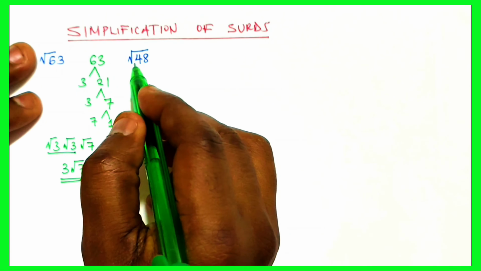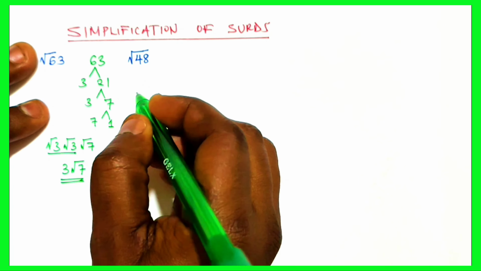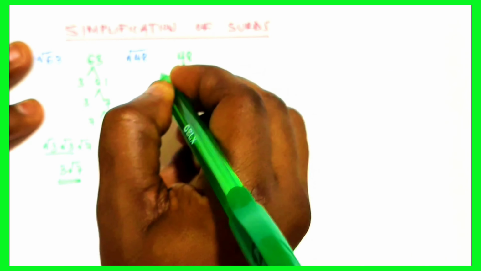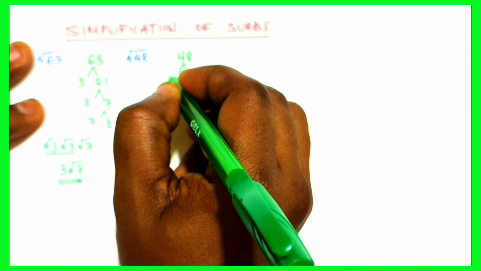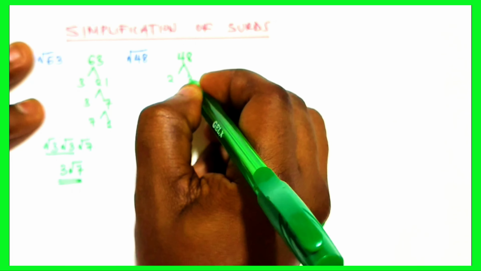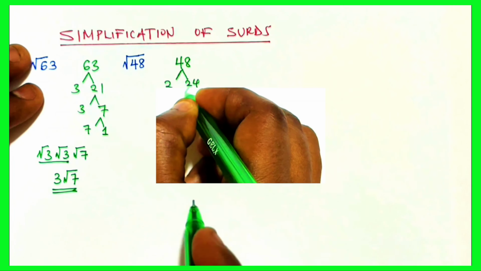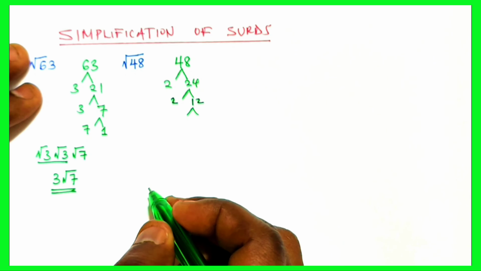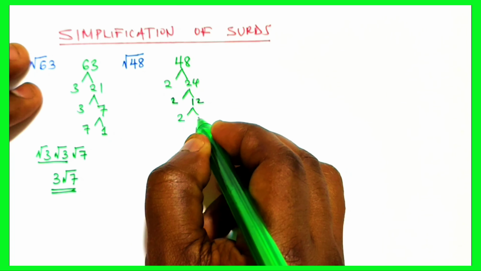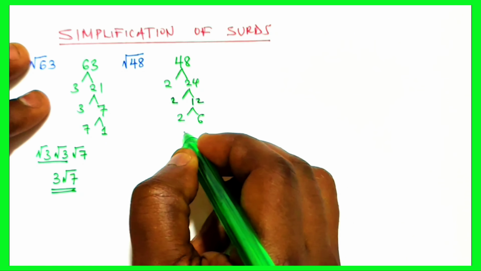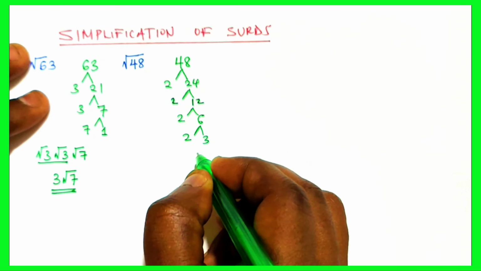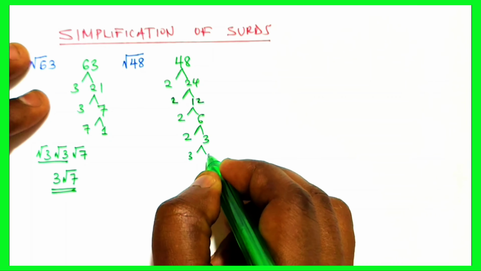Another number, root 48. Let's consider the prime factorization of 48. Being an even number, we start by dividing by 2 to get 24, then divide by 2 to get 12, then by 2 to get 6, then by 2 again to get 3, and then by 3 to get 1.